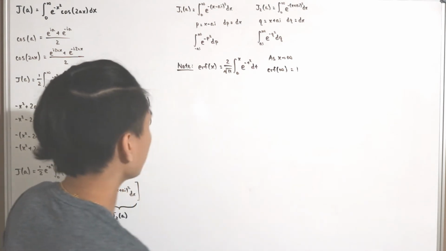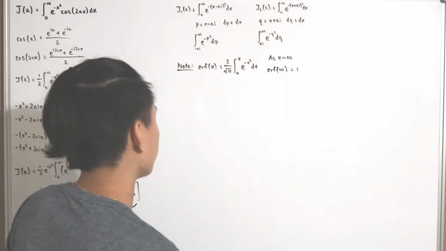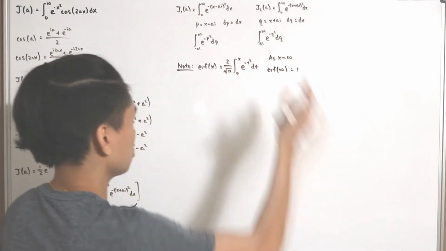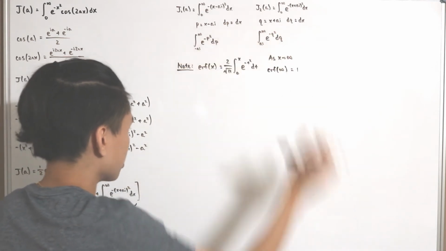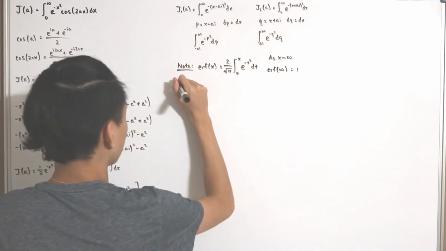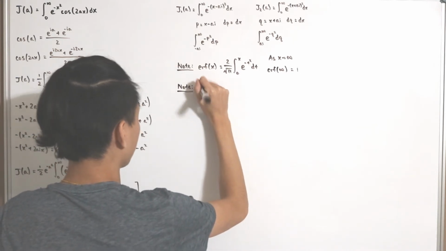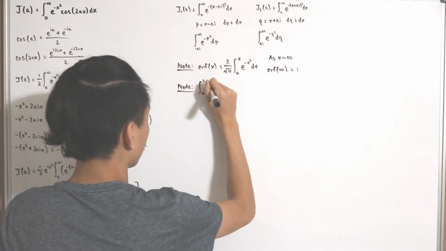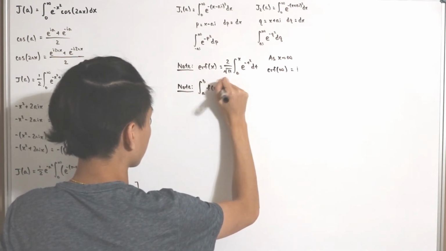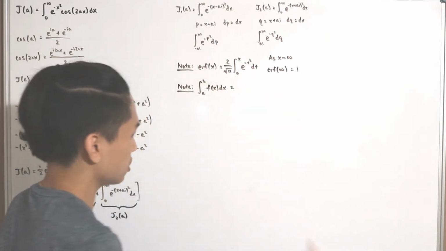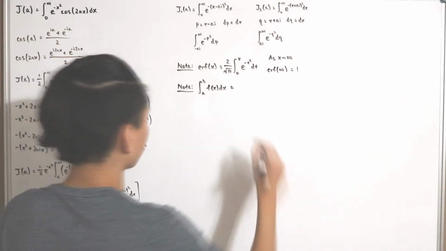Another property we want to state, in order to help manipulate and solve these two integrals, is the following. If we have the integral from a to b of f of x dx, we can split this into two integrals with adjacent intervals.